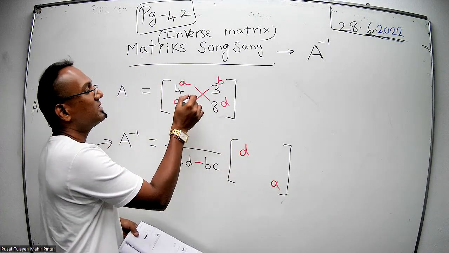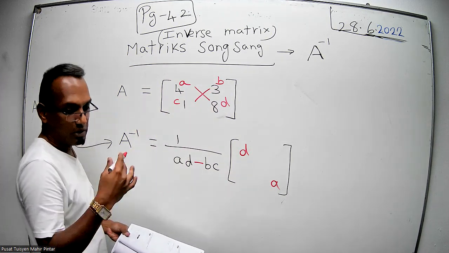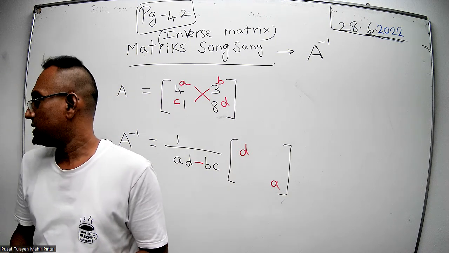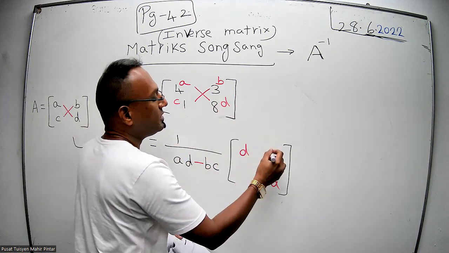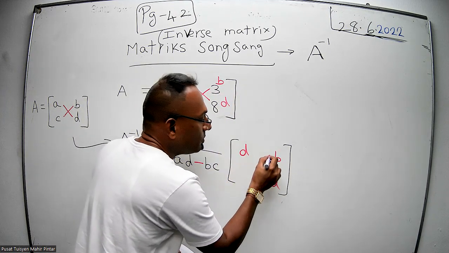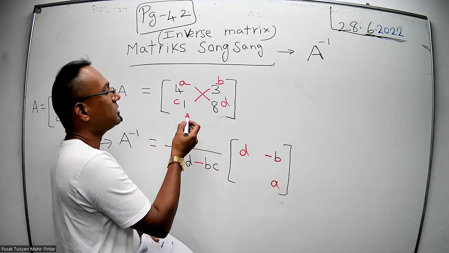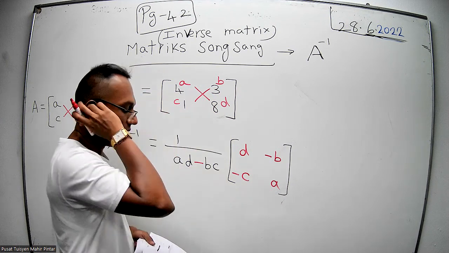The next cross, B and C, do not interchange; just change the sign. I just copy B as it is, but in front of it I put a minus. And here, in this case, C, but in front you put a minus.